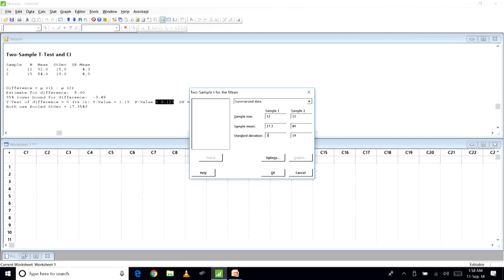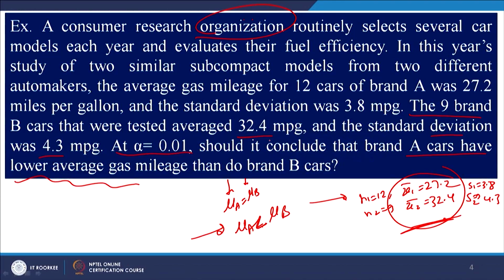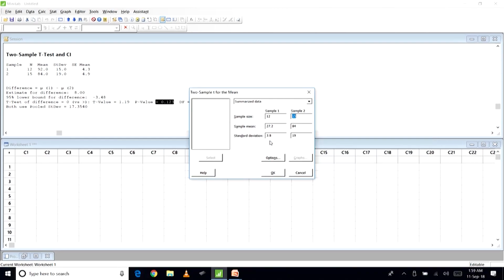This is how you should enter data about sample 1. Let us look at sample 2. It is 9, 32.4 and 4.3. Then options.